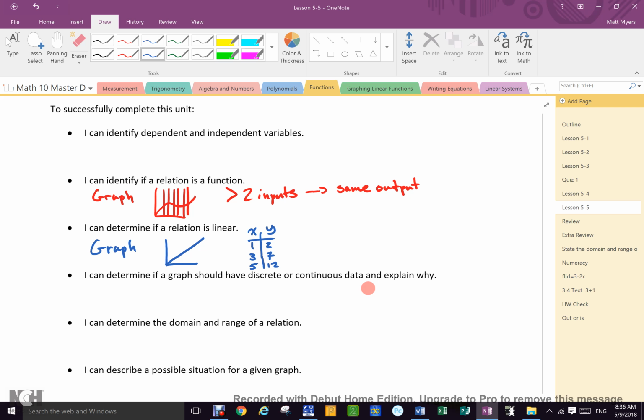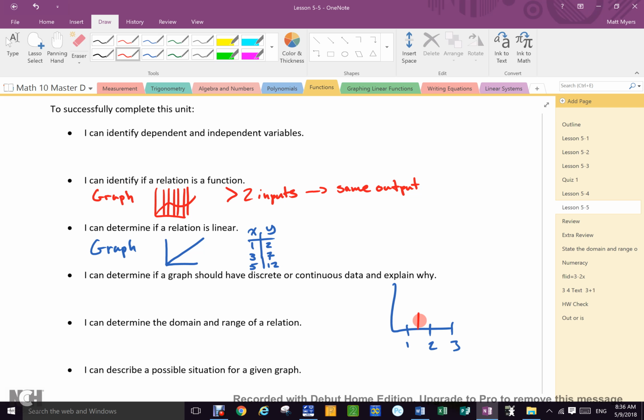Now, if 1 more person comes in, I need to order how many more slices of pizza? 2. Can half a person come in? No. So if I was graphing the pizza, 1, 2, 3, I can only go up by person. There can never be an input of half a person. So I could never order 5 slices.